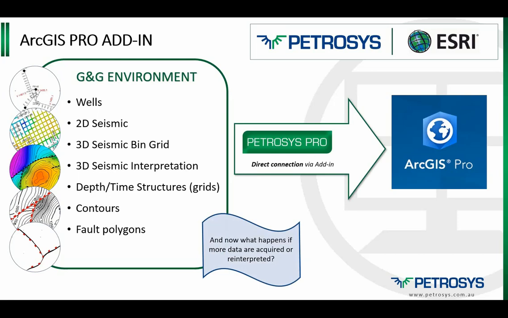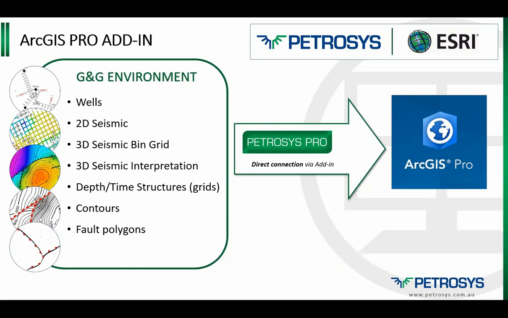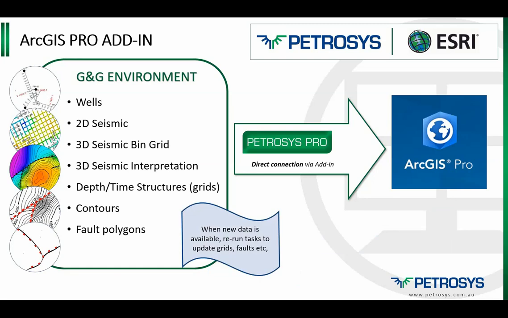So the question that we asked at the start was, what happens now if we have more data that's acquired or reinterpreted? And as Kat picked up, you can just click on the synchronize button. So it makes the workflow really nice and simple now to reinterpret data and then simply synchronize it to your ArcGIS Pro maps.